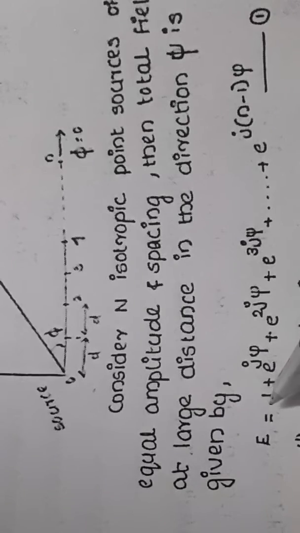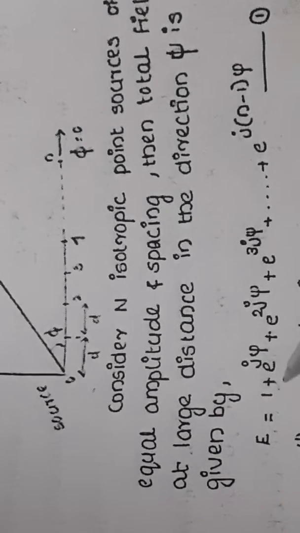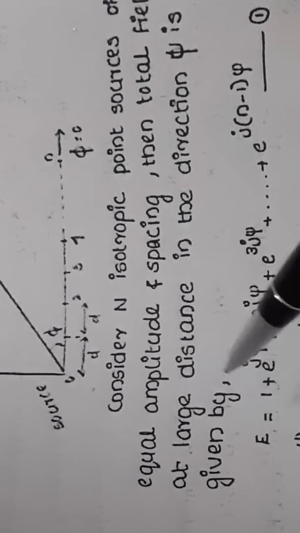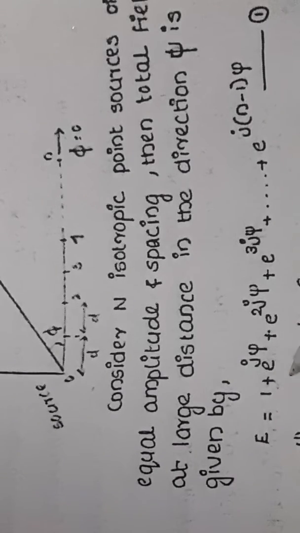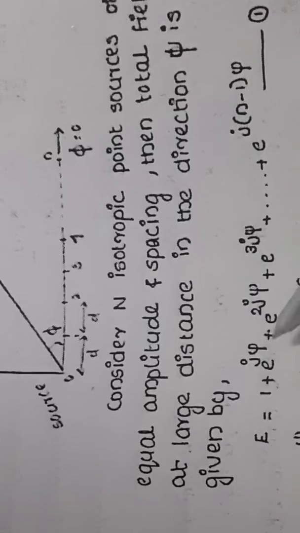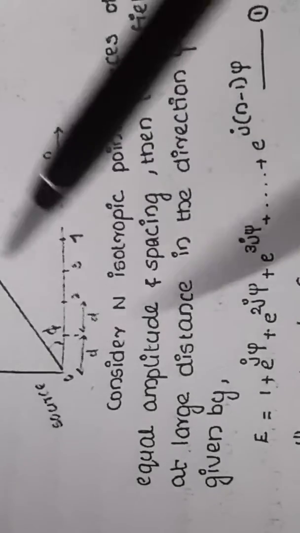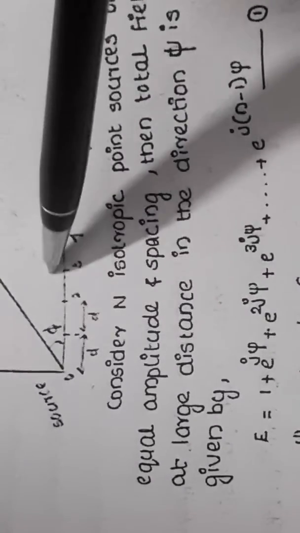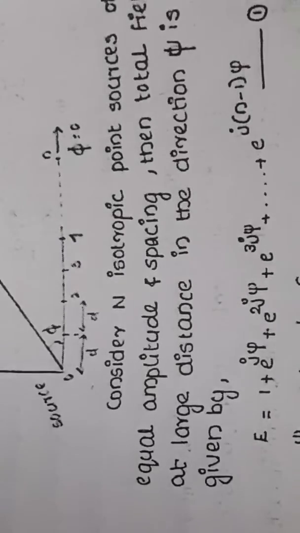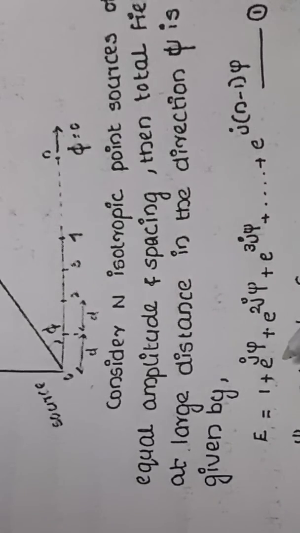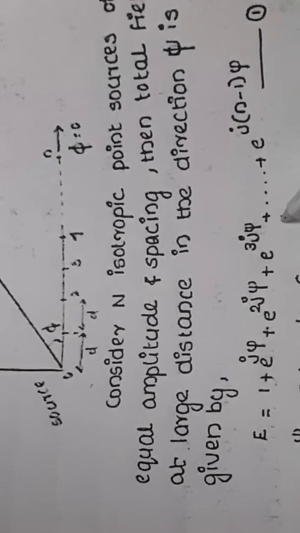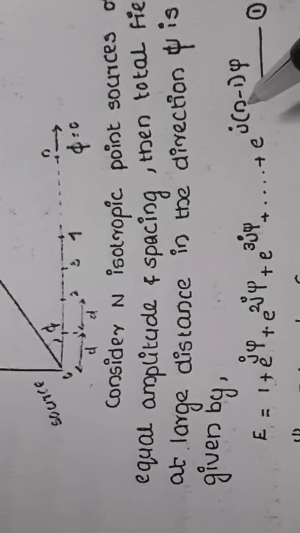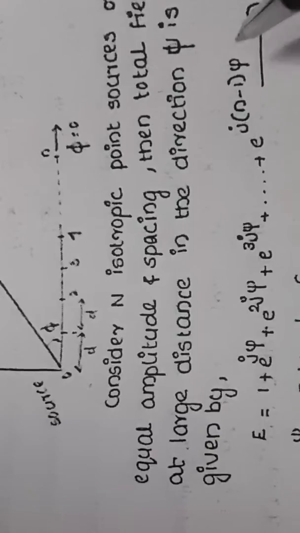E naught is the magnitude of the signal, and here this is the phase. Therefore E is equal to 1 plus e power j psi plus e power 2 j psi, and so on, increasing one by one, where psi is the phase difference. So E equals 1 plus e power j psi plus e power 2 j psi plus e power 3 j psi, up to e power j into (n minus 1) into psi.